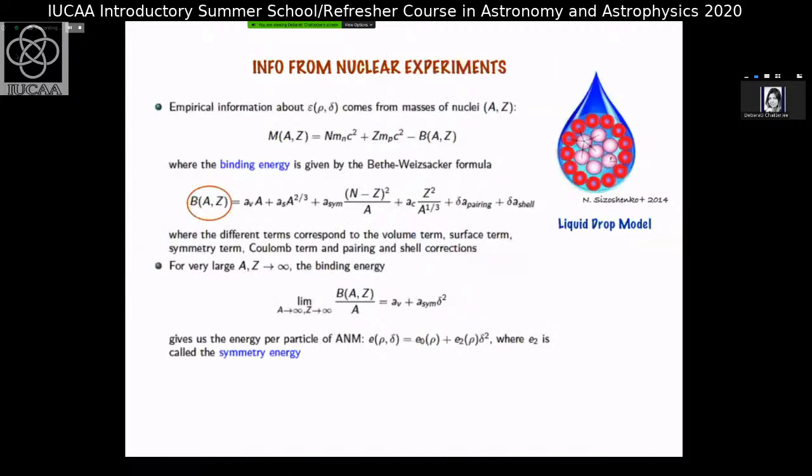So the information we get from nuclear experiments gives us an idea about the masses of nuclei and the binding energies of nuclei. The binding energy can be described by the Bethe-Weizsäcker formula, and this comes from basic nuclear theory.